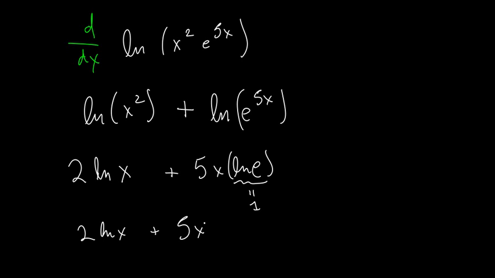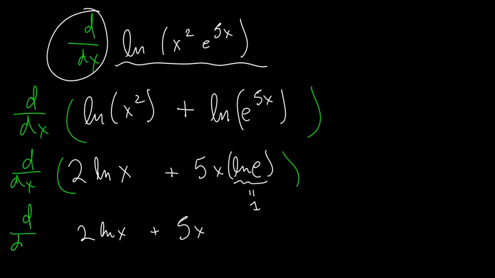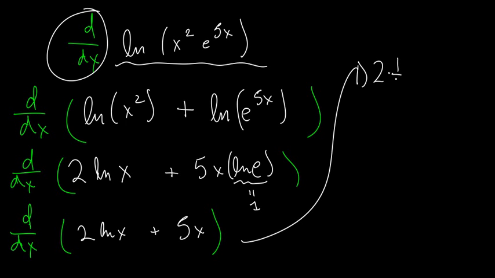Okay, so you see I haven't even taken the derivative yet. I was just simplifying this part. So let's go ahead and take the derivative. You take the derivative of 2 times ln x plus 5x, and you get 2 times 1 over x plus 5.